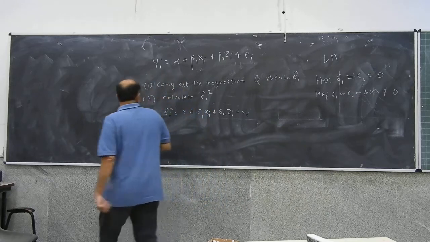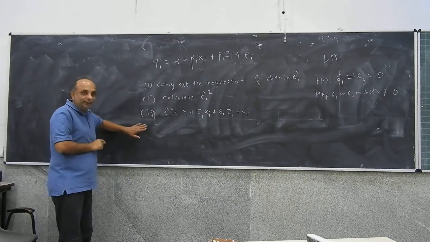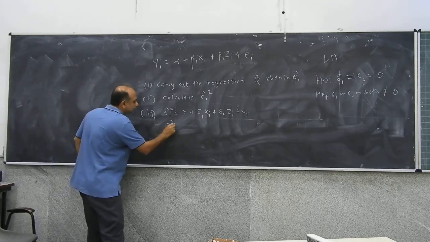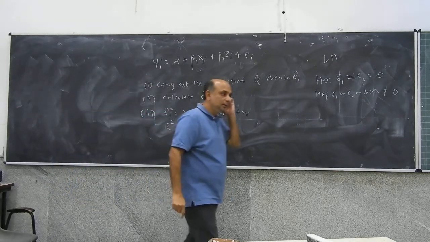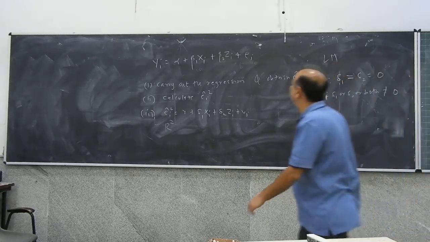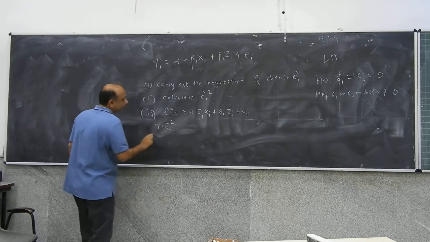One carries out this regression and calculates the R square of this regression. Have you come across the term R square? Let me finish this and come back to your question. You multiply the R square by the degrees of freedom, call it n.